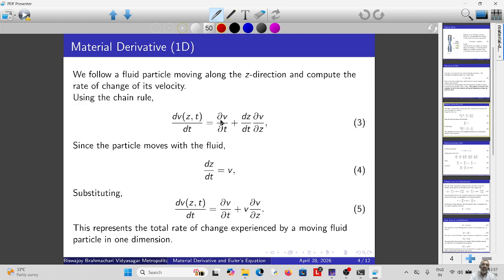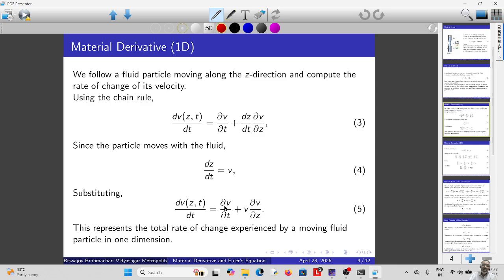First of all, it is a ∂v/∂t term, and then there is a ∂v/∂z term, but z is again a function of t, so chain rule gives ∂v/∂z dz/dt. But dz/dt, this is the velocity, so we get the total derivative dv/dt is equal to ∂v/∂t plus v ∂v/∂z. So that is the difference.